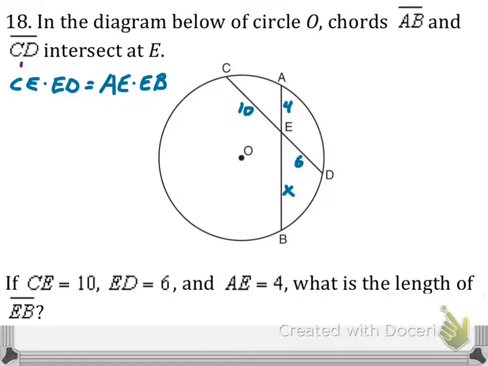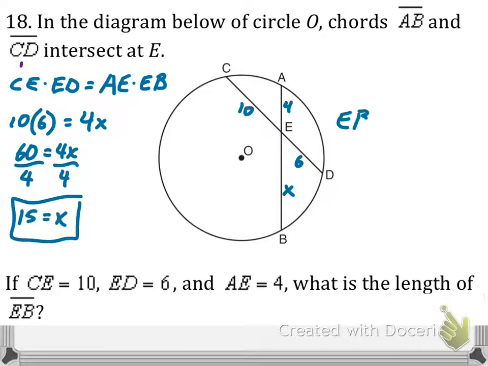So I'm going to put in the values of the line segments, and I'm trying to find EB, so that's why I've labeled it X, and that's this line segment, EB. 10 times 6 equals 4X. Well, that's simple algebra. I can say 60 equals 4X, divide both sides by 4, and 15 equals X. So therefore, EB equals 15.